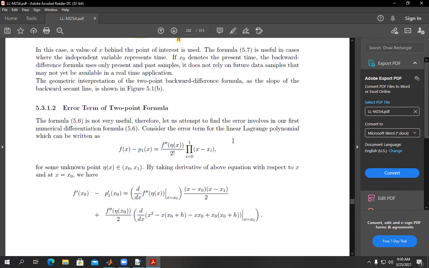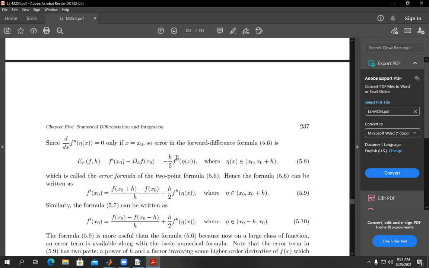And what is the error term? I gave the proof of the error term, but you don't need the proof here. This is the forward difference formula, and this is its error term: minus h by 2 times the second derivative at eta.